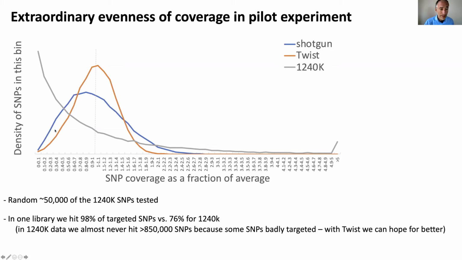We already knew that in 1240K data, even though 1.24 million SNPs are targeted, we almost never get more than 850,000 SNPs hit, because some SNPs are badly targeted. In one Twist library, we hit 98% of the targeted SNPs, compared to 76% for the same exact library analyzed by 1240K.